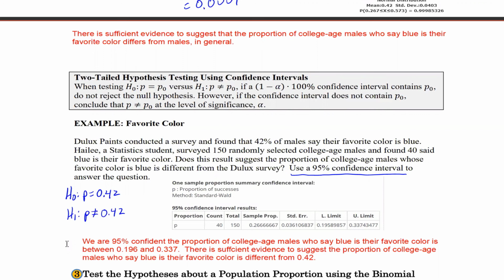So not only does this tell you that the population proportion is different from 0.42, it gives you the added information about the fact that the proportion is likely between 0.196 and 0.337, in other words, below the proportion we stated in the null. So it's another way to find out whether you're going to reject or not, plus it gives you more information than the formal hypothesis test does.